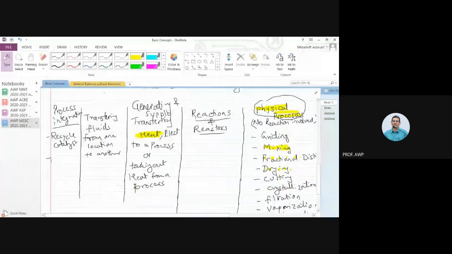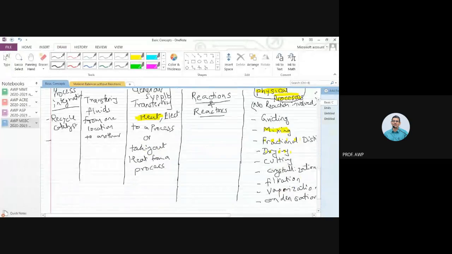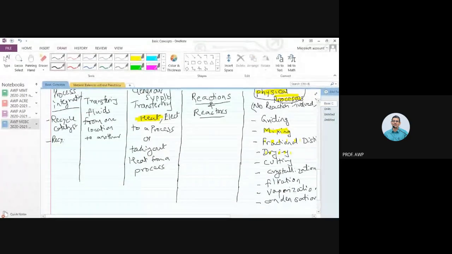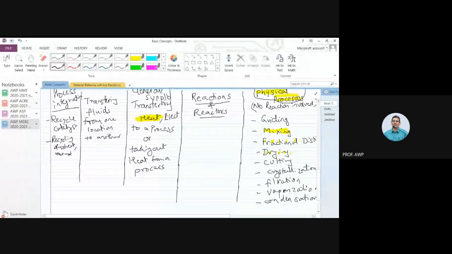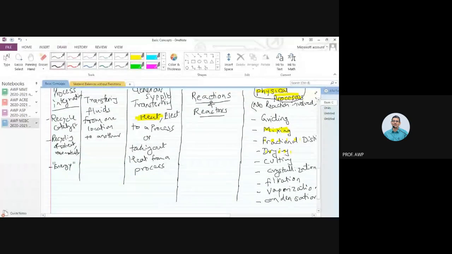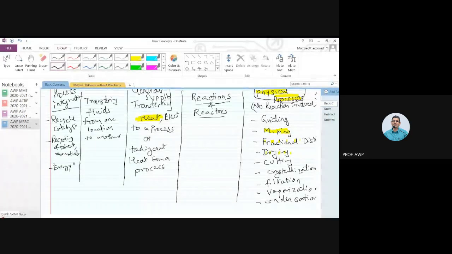So shall I say recycling of catalyst, recycling of solvent, raw materials, energy from one location to another location, although we are not calling it recycling energy, but we are using the energy generated in one part or one step of the process and using it in another step or another process.